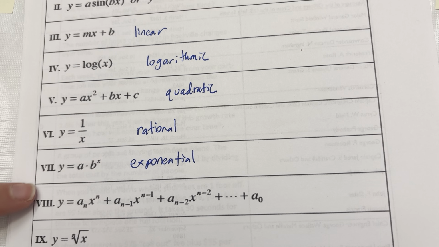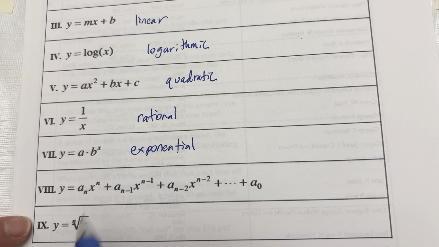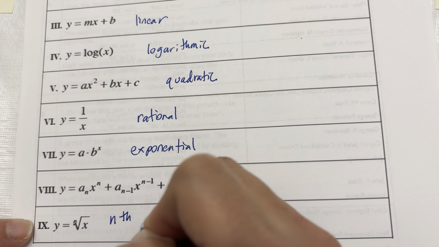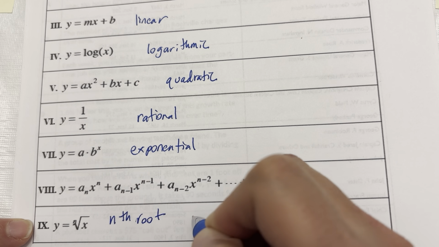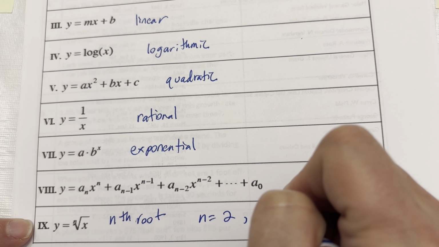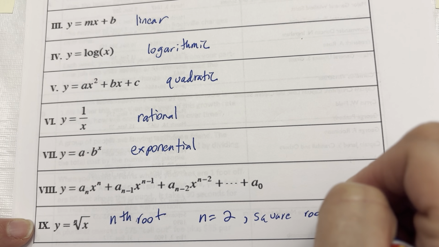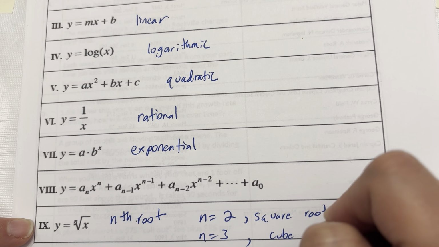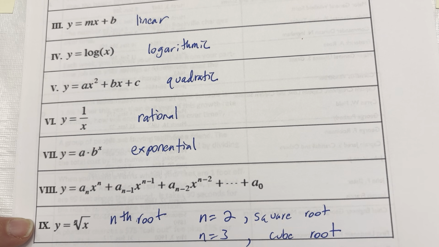And number 9, I'm going to skip number 8 for now. That's a little scary. Number 9, when I look at it, this n, it's the nth root. So, for example, if n was 2, it would be a square root. If n was 3, that would be a cube root, and so on and so forth.